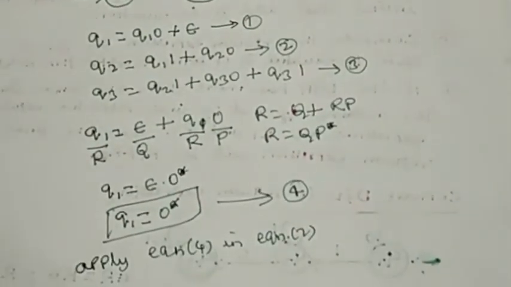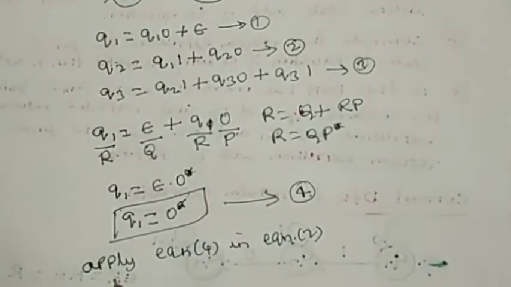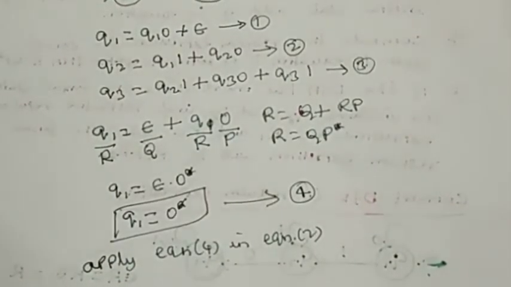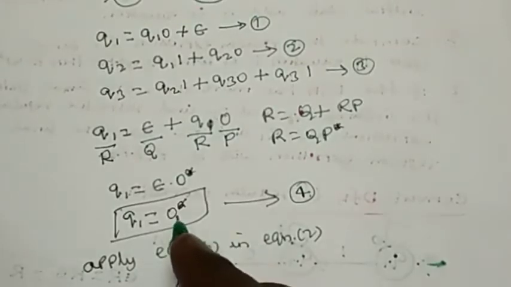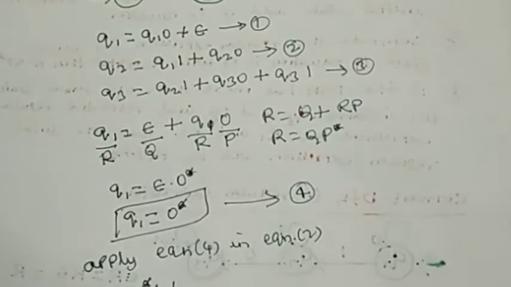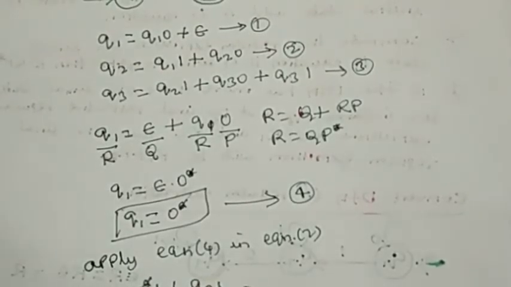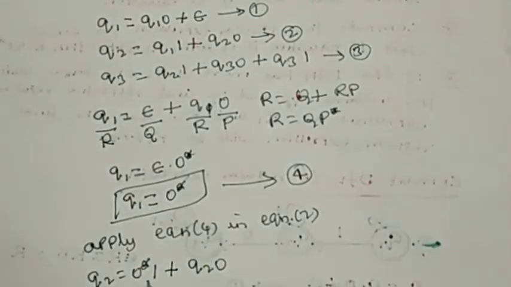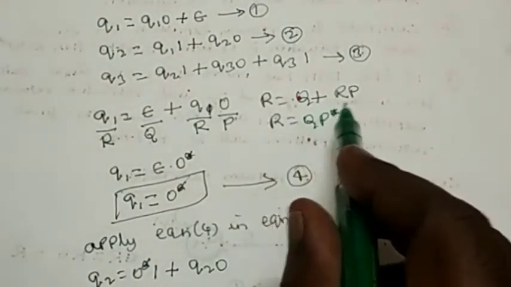In equation 2 you have Q2, and Q1 has the value 0 star. So Q2 equals 0 star 1 plus Q2 0. Now compare this with the standard format R equals Q plus RP.